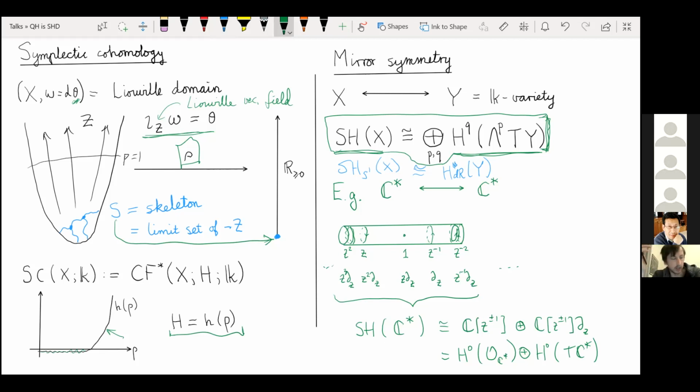But the circle of ideas should also fit in with the ideas I'm going to talk about, and similarly for the S1 equivariant version.